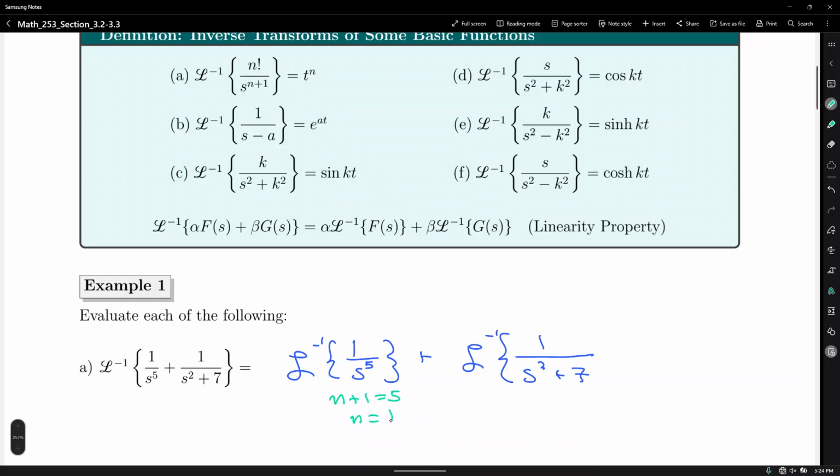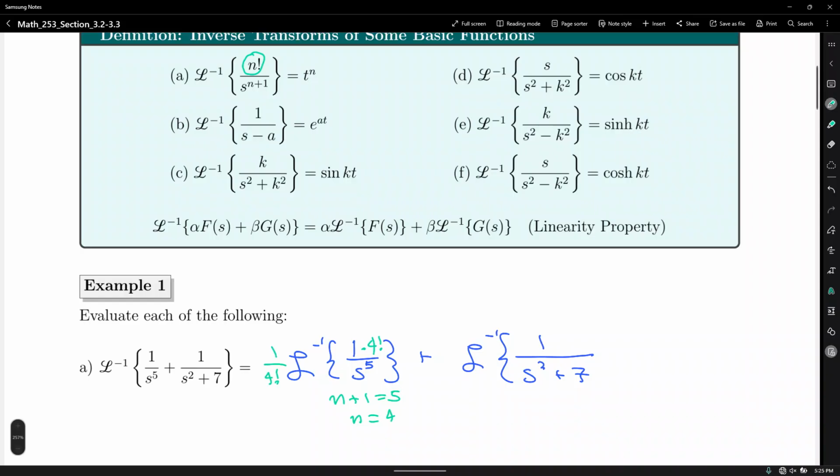That means n equals 4, which is the factorial that has to be here in the numerator in order to be able to find the inverse transform. We cannot just evaluate the inverse transform if we don't have a complete expression. We need to make sure we have the factorial of n. However, 1 doesn't look like 4 factorial, does it? So we wished we had a 4 factorial there. We can make our wish come true. Multiply the numerator by 4 factorial and divide by 4 factorial outside of the Laplace transform.